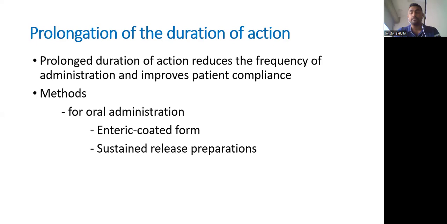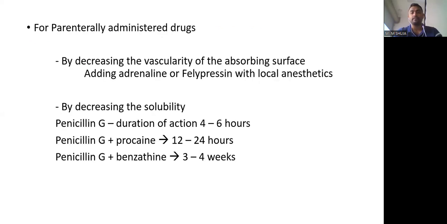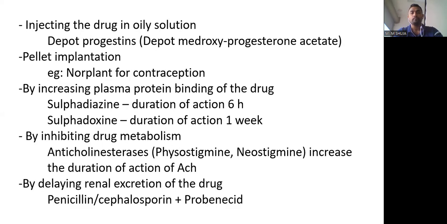For an orally administered drug, you give an enteric coated form or sustained release, SR, slow release, like this. For parenteral administration, you add something which reduces the vascularity of the particular surface or reduces the solubility, so the drug will remain in the plasma and give more effect.